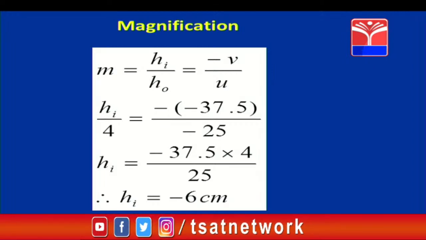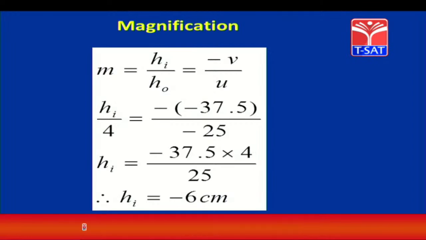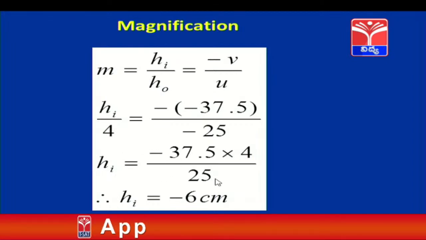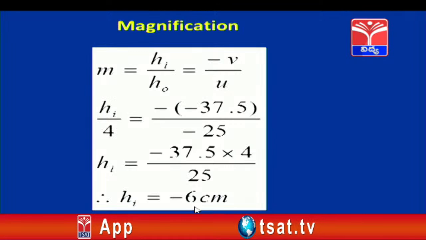So, HI by 4 is equal to minus V. V is already minus 37.5, so it will be minus of minus 37.5 divided by U, which is minus 25. Therefore, HI is equal to minus 37.5 into 4 divided by 25. On calculating, we get HI is equal to minus 6 centimeters.